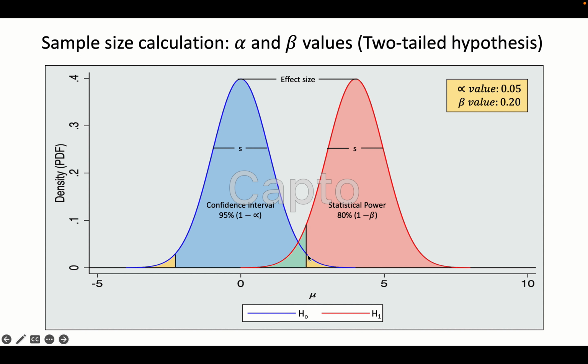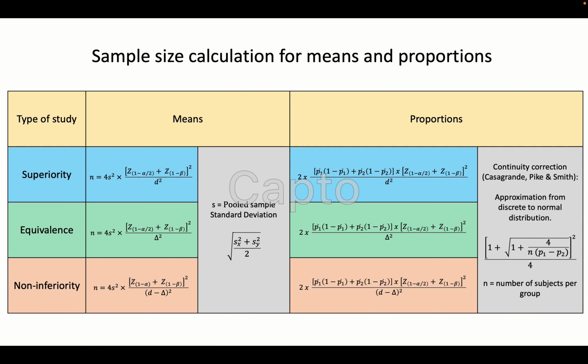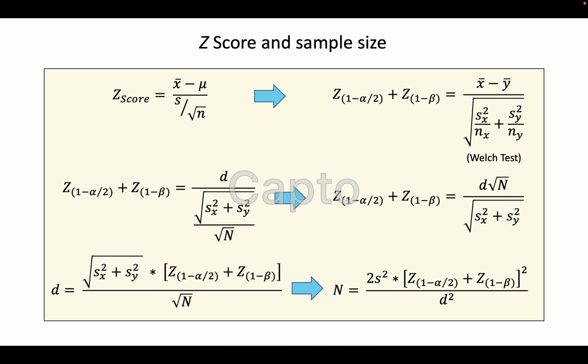Because most of the times we are testing a two-sided or two-tailed hypothesis, we need to take into account this alpha value of this tail, not only this one, but also this one. And this is the reason in the formula I introduced before that the alpha is divided by 2.